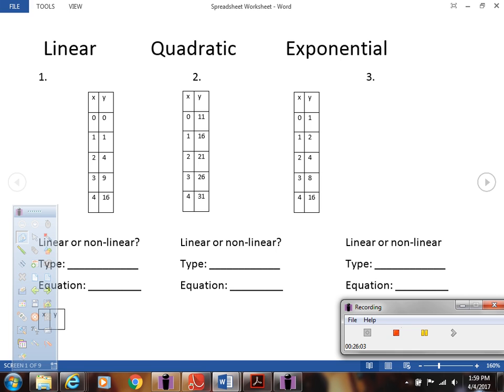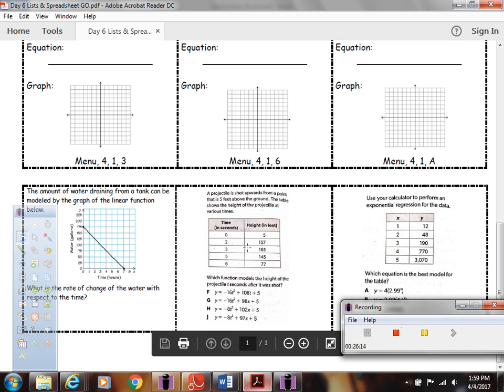So again, make sure that you are doing the next 3 problems for a raffle ticket. Just raise your hand, I'll come by, and then do the other 3, which are on the other handout. This one right here, these 3 right here. And then that's all we're doing today.